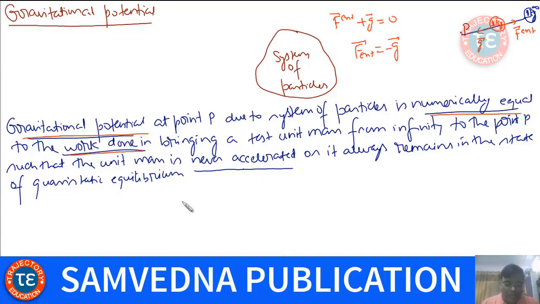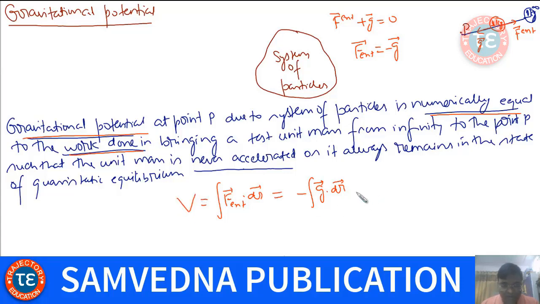F external is minus of G. So this work done, which according to mechanics we know is F ext dot dr, where this F ext is minus G, is equal to the work done, and that is gravitational potential.